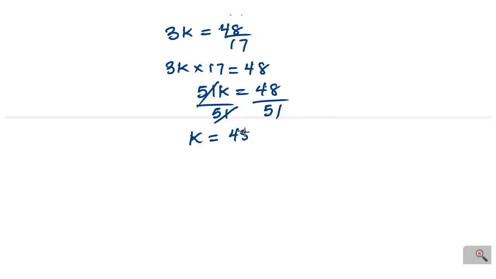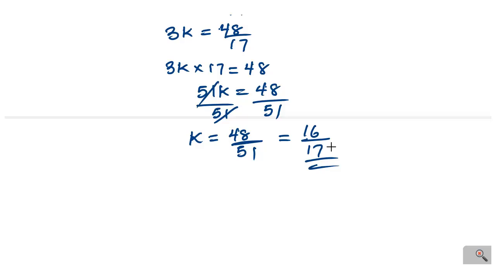So we have 48 over 51. We can still simplify this further. 48 can be divided by, I think we can use 3. Okay, let me check using my calculator. 48 divided by 3 is 16, then 51 divided by 3 is 17.